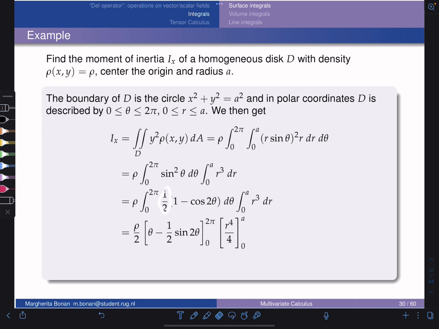Of course, we took the half outside, and for the other integral it is easy. r cubed becomes r to the power of 4 divided by 4, from 0 to a. The result of this, evaluating at the bounds that we have, is pi rho a to the power of 4 divided by 4.